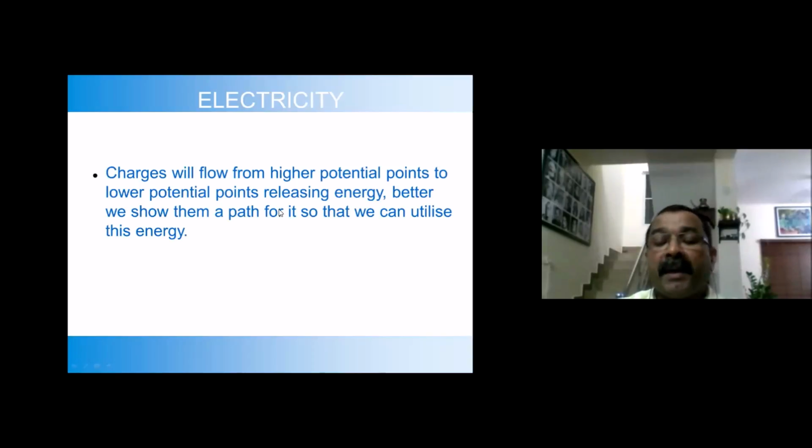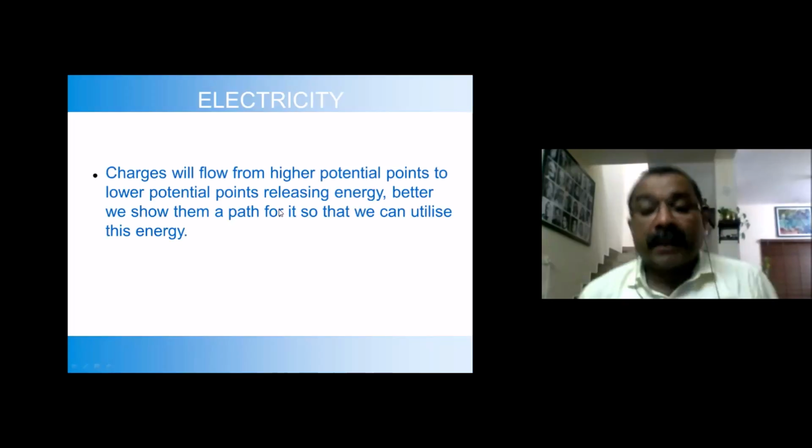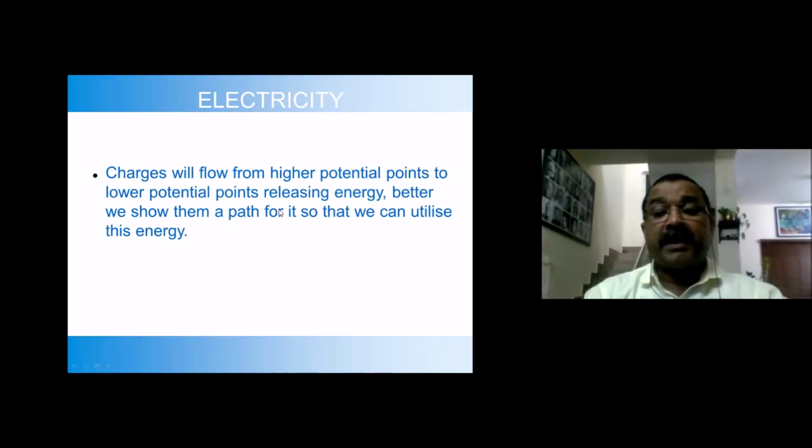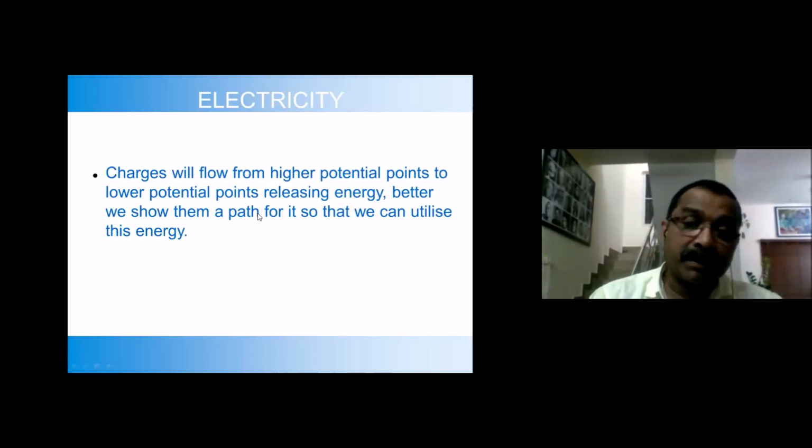Let us say a bulb in your room, or a motor, or a fan. So we are actually directing that charge through these equipments so that the energy released will do work for us. Did you get the idea?